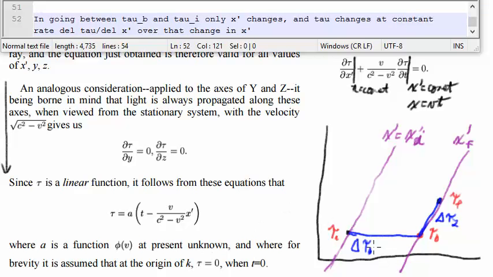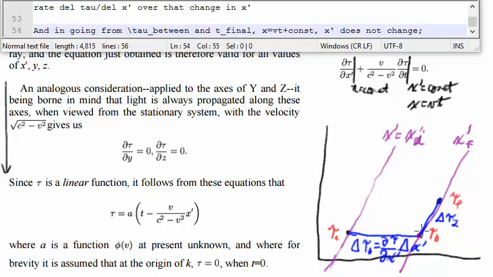In going between tau initial and tau sub b, only x prime changes, and tau changes at a constant rate del tau del x prime over that change in x prime.